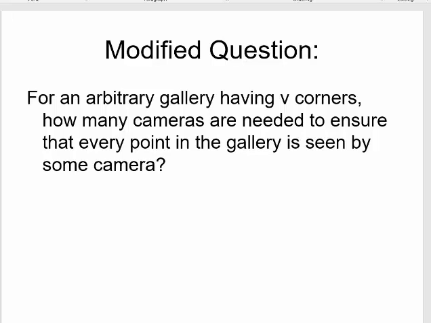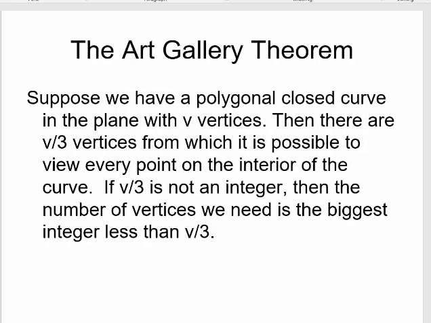Well, it turns out the theorem tells us the answer to that question. Suppose we have a polygon closed curve in a plane with V vertices, like 9. Then there are V divided by 3 vertices from which it is possible to view every point on the interior of the curve.